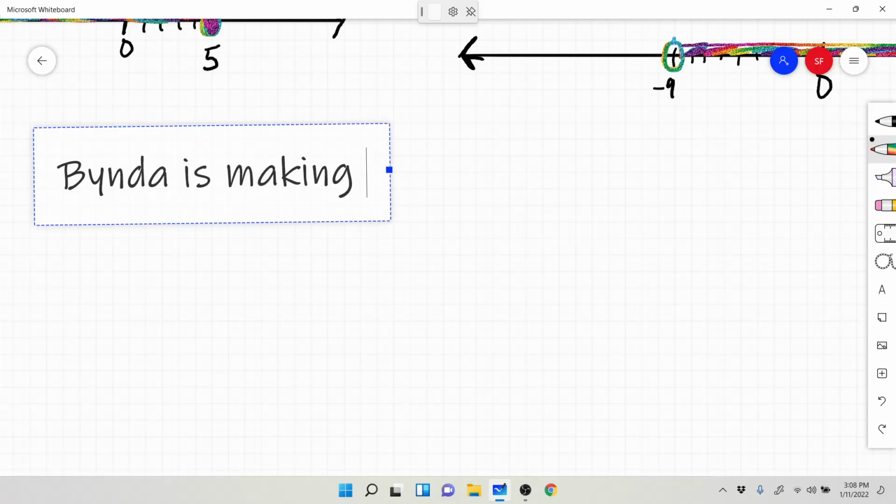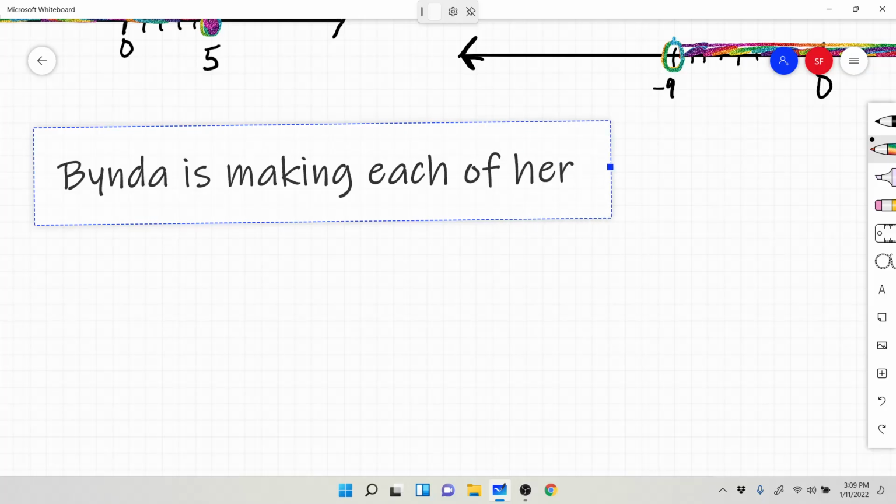Binda is making lots of money. Each of her friends. Each of her 7 friends.